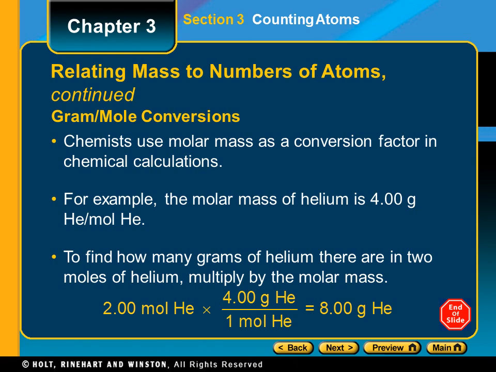So 2 moles of helium times 4 grams of helium over 1 mole of helium equals 8 grams of helium. So you do the conversion, right? 2 moles of helium means that you have 8 grams of helium. So this, again, becomes very, very important to the equations that you're going to be doing.